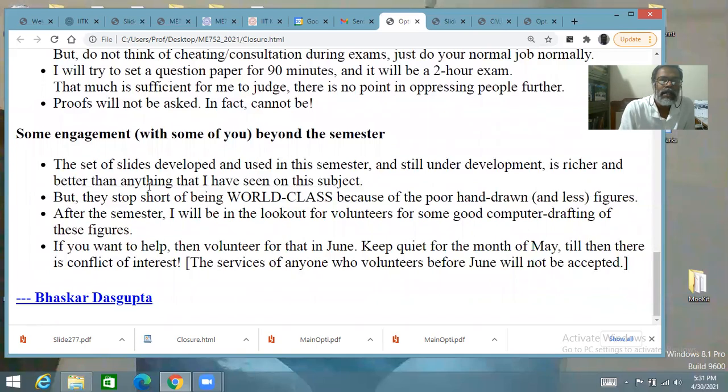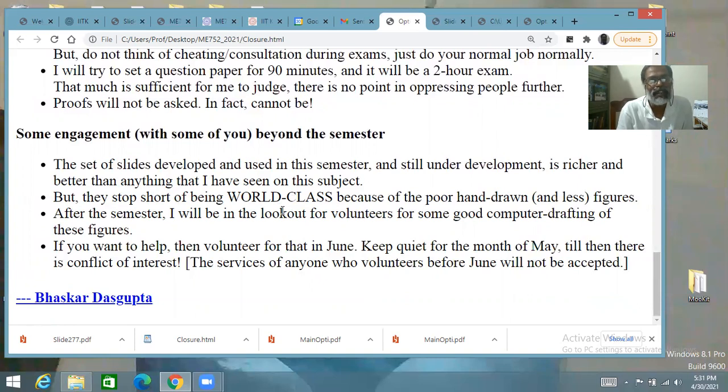However, the issue is that it is still not a world-class set of slides, which was my original plan. For example, the applied mathematics slides, which I showed you, are world-class slides. Okay, it's not boasting. People from the world have told me. So I intended to make the optimization slides like that, world-class slides.